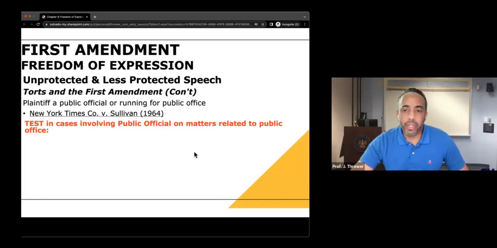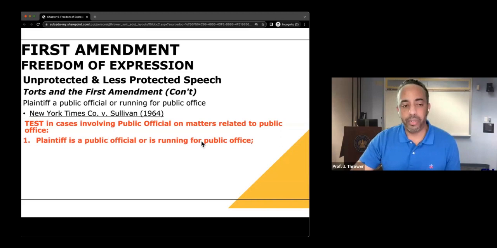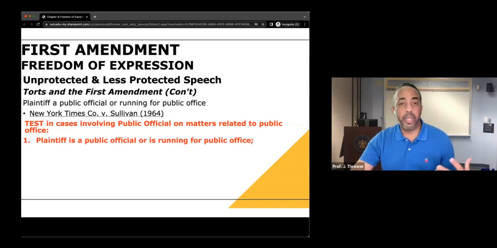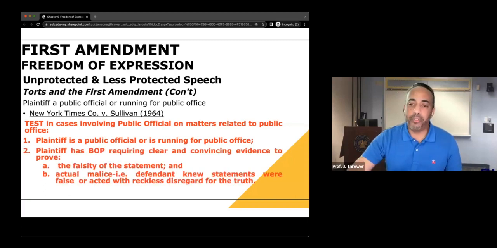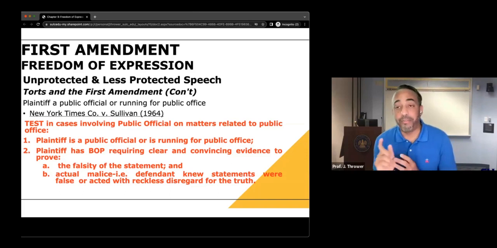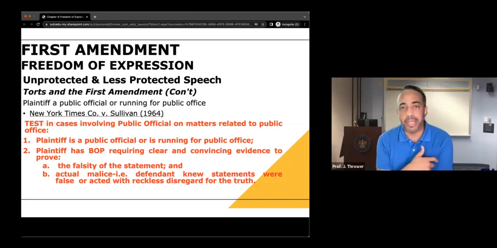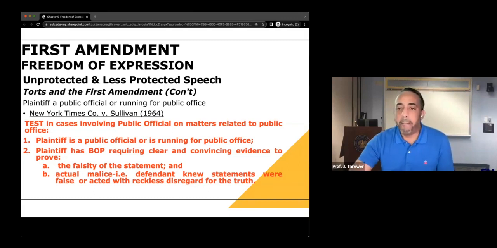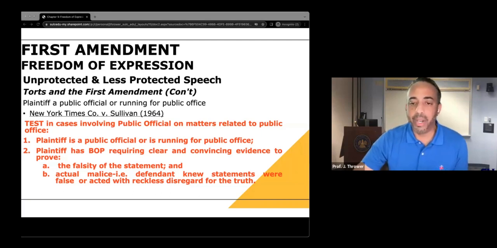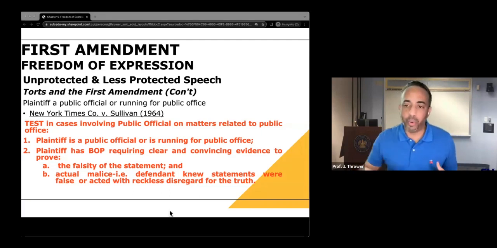conveyed that first, in these particular instances, the plaintiff had to be a public official or be an individual running for public office. Second, the court noted that the plaintiff had the burden of proving by clear and convincing evidence the falsity of the statement, right, that had been made, meaning that that statement was false, and that it was made with actual malice, meaning that the defendant knew the statements were false or acted with reckless disregard for the truth.